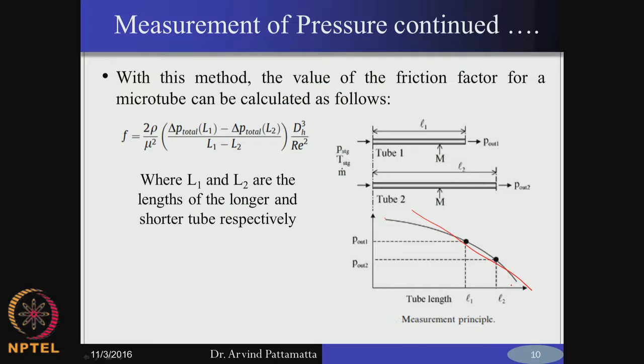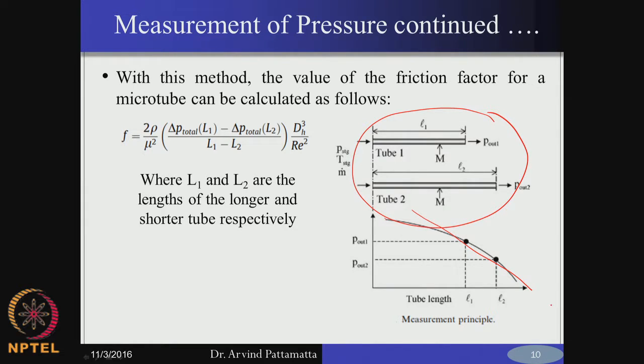Usually this method will give you very accurate results as long as you have a linear variation of pressure, a linear drop. This is valid if you are focusing on incompressible and fully developed flows, but if you have compressible effects, this method will fail, because your pressure difference is going to be different in different regions.